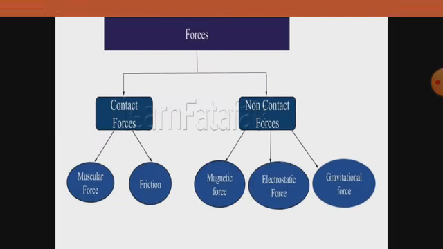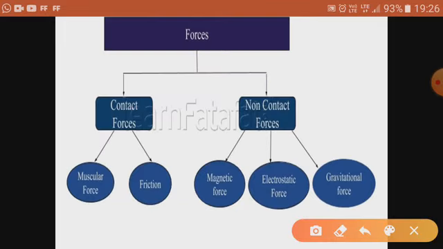Now, broadly speaking, forces have two categories: contact forces and non-contact forces. If you divide contact forces, they can be divided into two subcategories: muscular force and frictional force.